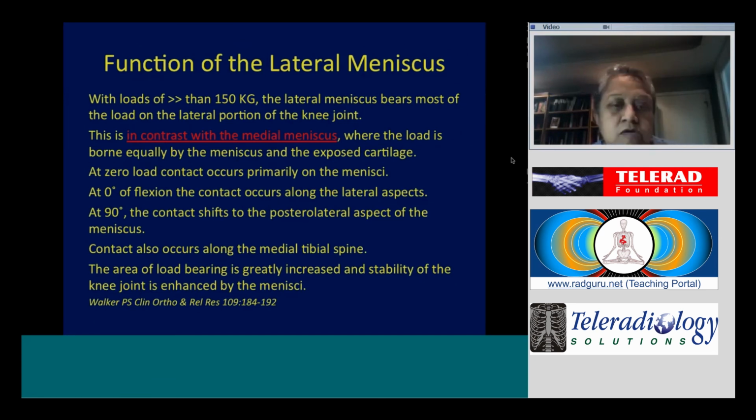At 0 degree of flexion, the contact occurs along the lateral aspect, and at 90 degrees, contact shifts to the posterior lateral aspect of the meniscus. Contact also occurs along the medial tibial spine. The area of load bearing is greatly increased, and stability of the knee joint is enhanced by the menisci.